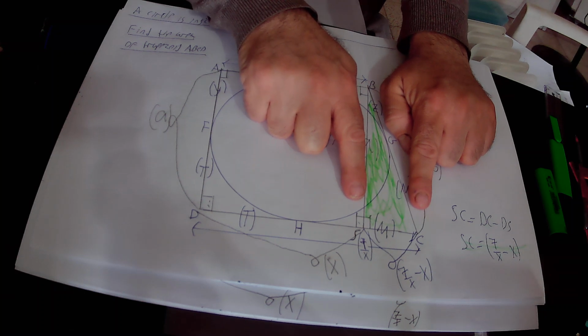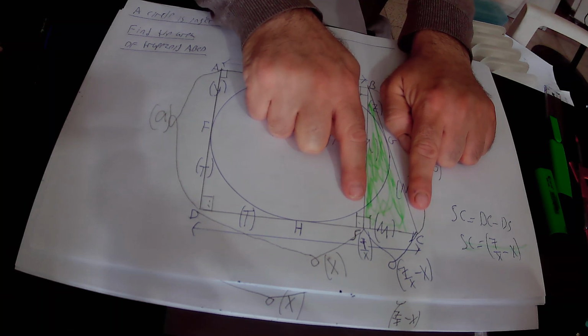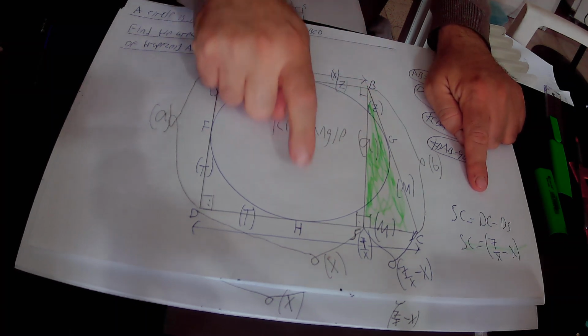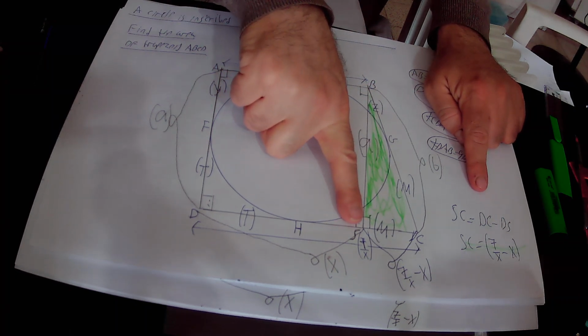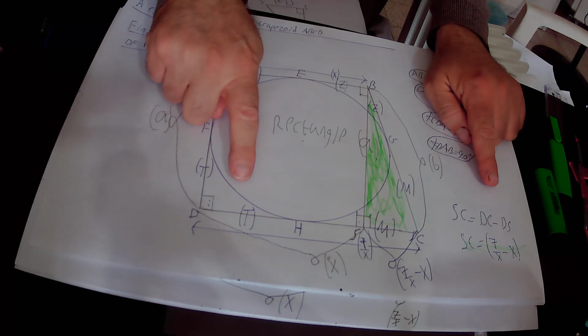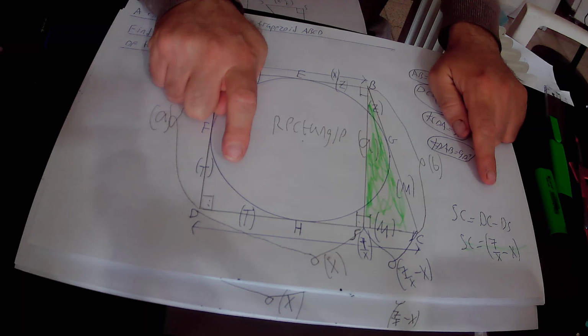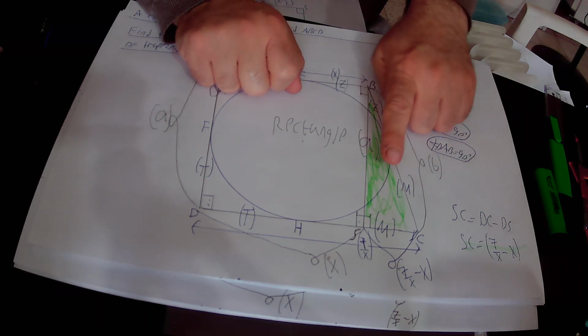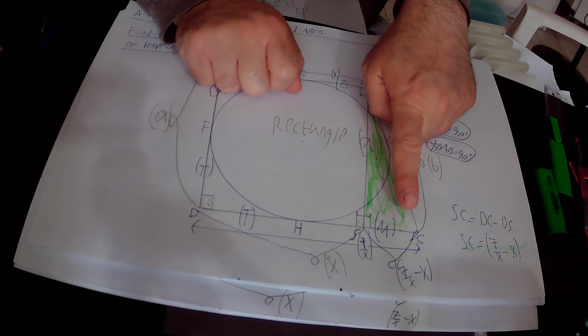From the drawing, it is very easy to see that SC equals DC minus DS. DC is 7 over X, DS is X. So in total, DC minus DS is 7 over X minus X. Therefore, SC equals 7 over X minus X.